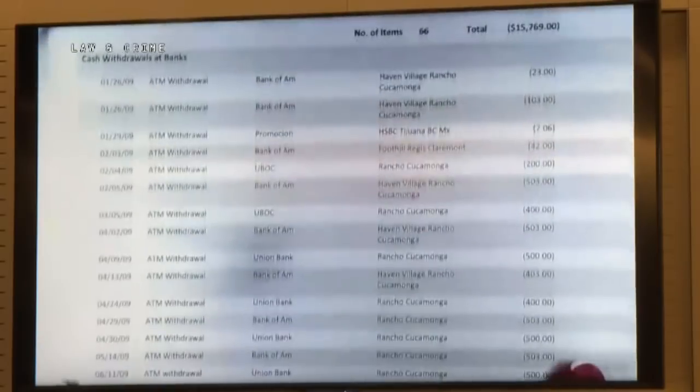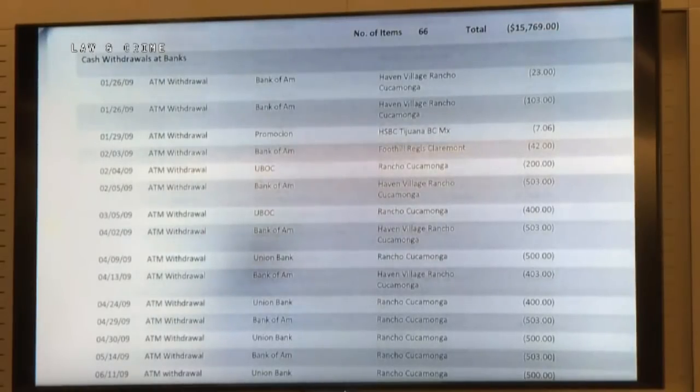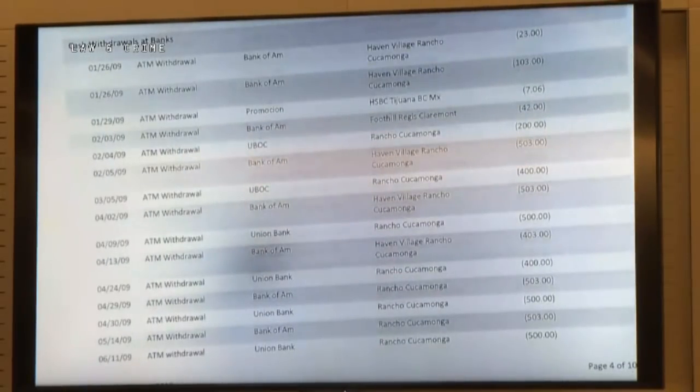So what was the next category of activity that you denoted? Besides those withdrawals that were earlier in the schedule, these are withdrawals that were made at a bank. Some of them are ATM withdrawals, some of them might be going into the bank and actually getting money from a teller. Okay.